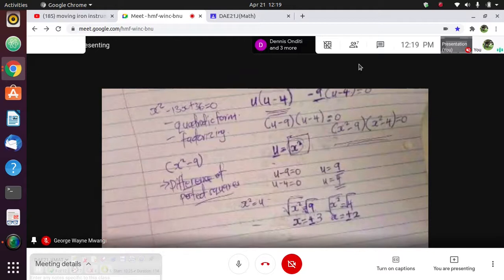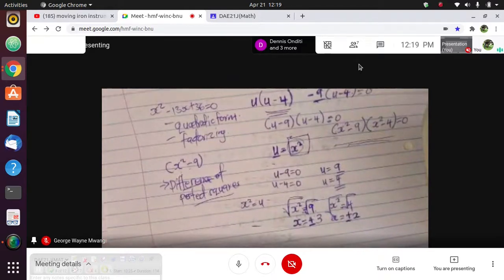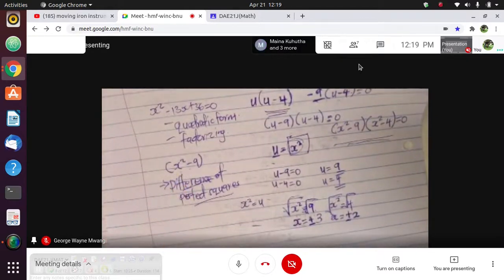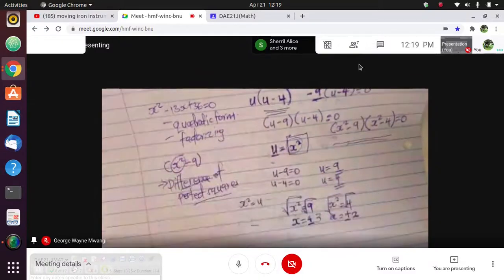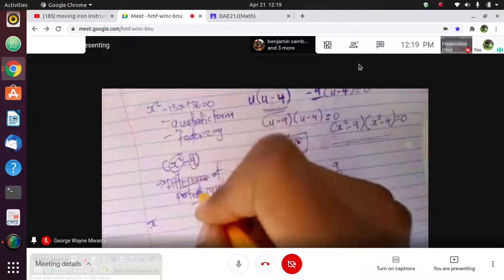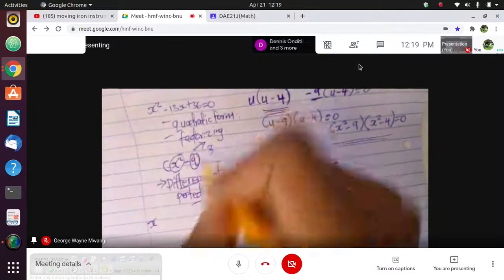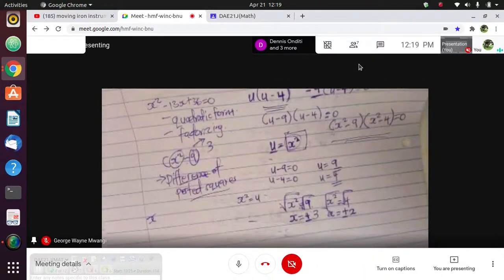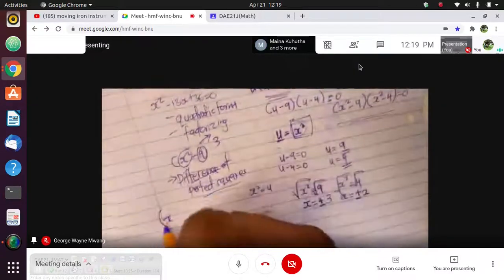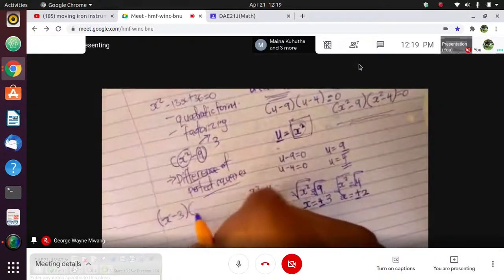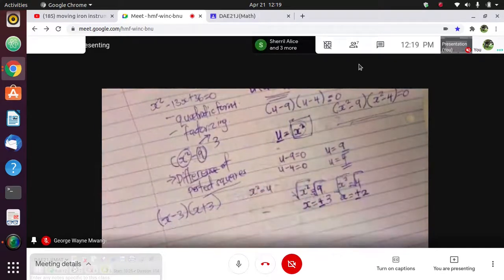Now, if I am told to open this, difference of perfect squares, what do I mean? When I find the square root of x, inanipatia x. When I find the square root of 9, inanipatia 3. Are we together? This x squared minus 9 is the same as writing it as x minus 3, x plus 3. Are we together?